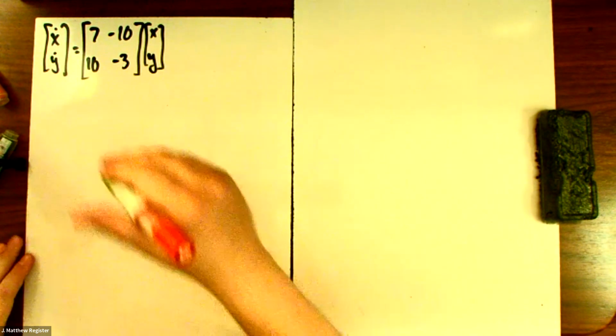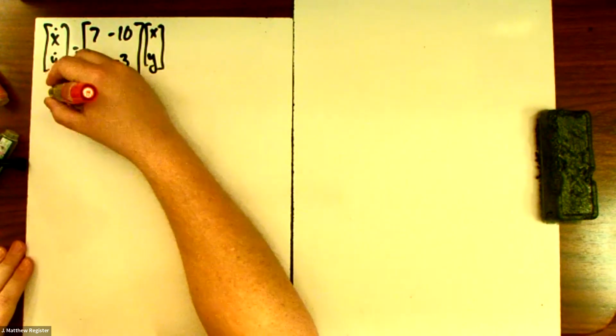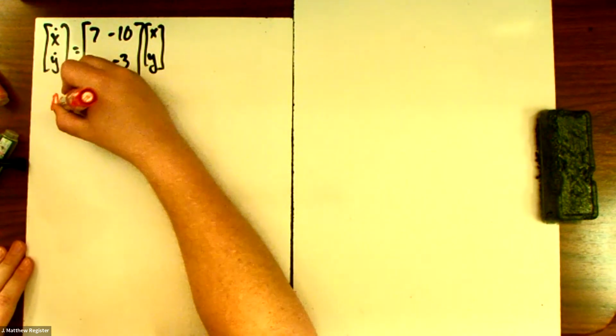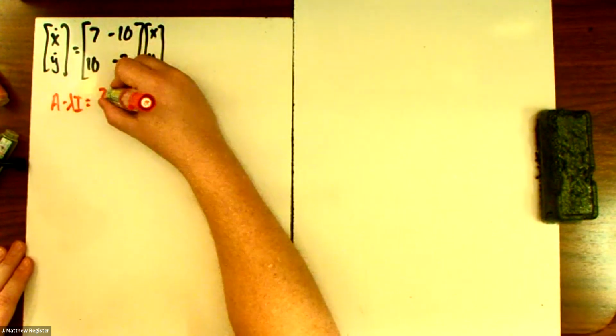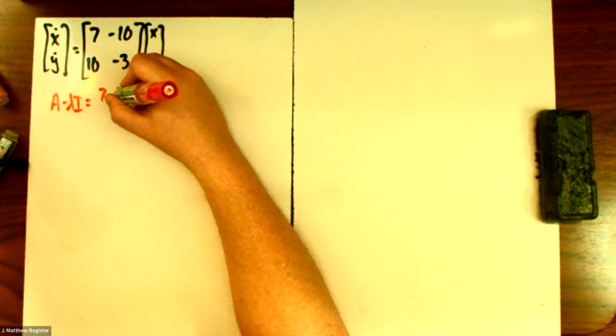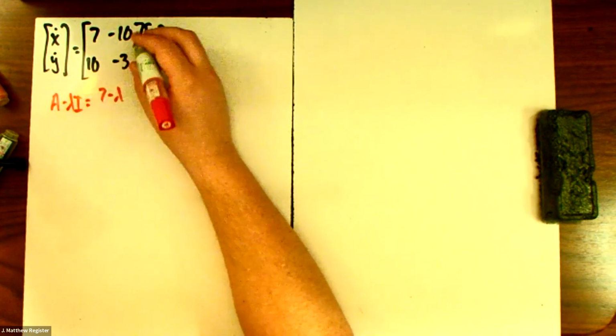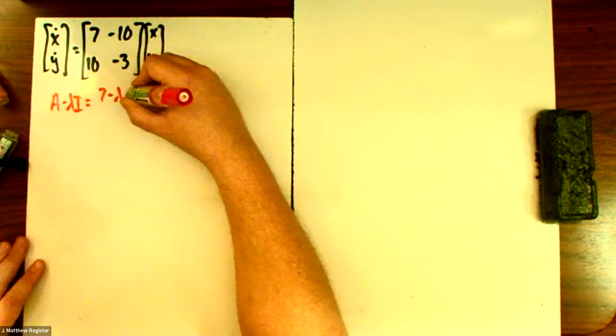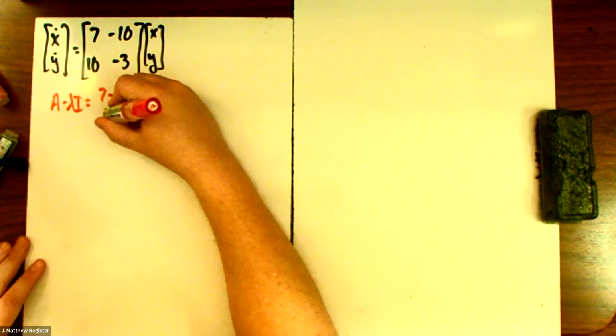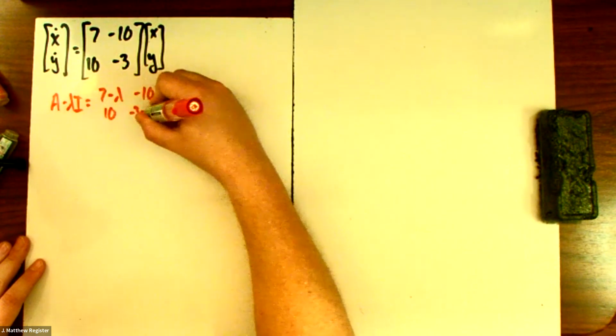And so we will say that our A minus lambda I is equal to 7 minus lambda. I want to make sure that I wrote that down right. Seeing two 10s there, that's always surprising. But nope, that's correct. 7 minus lambda, negative 10, 10, and negative 3 minus lambda.